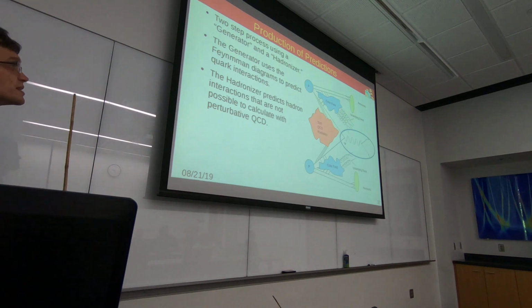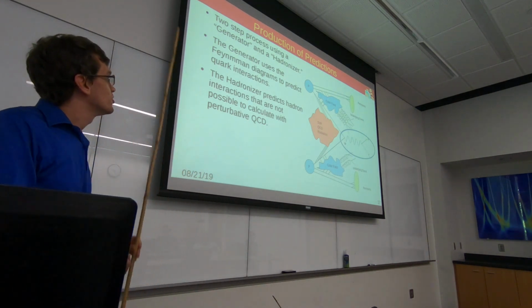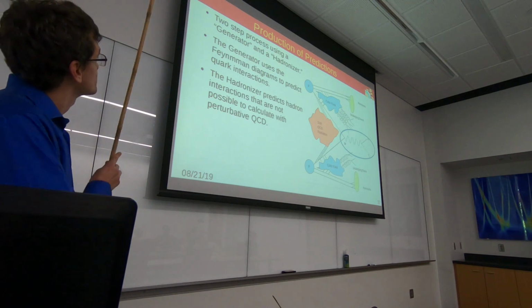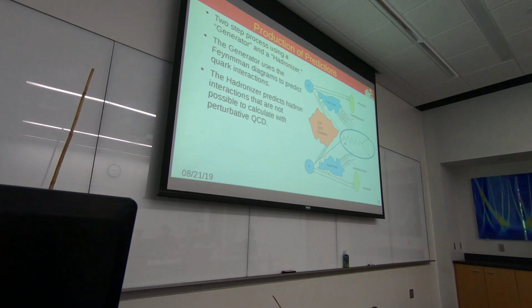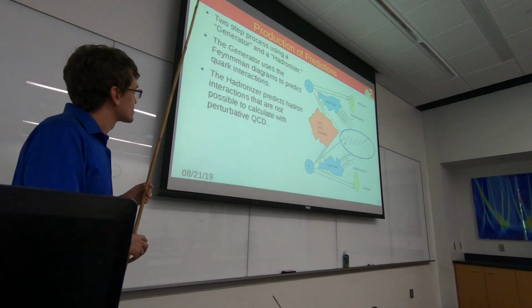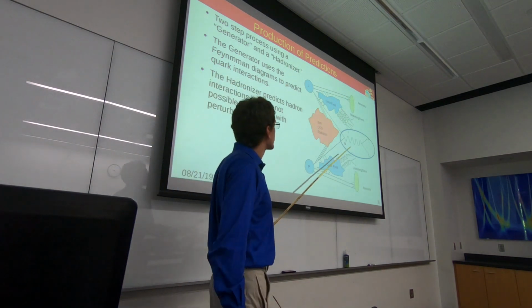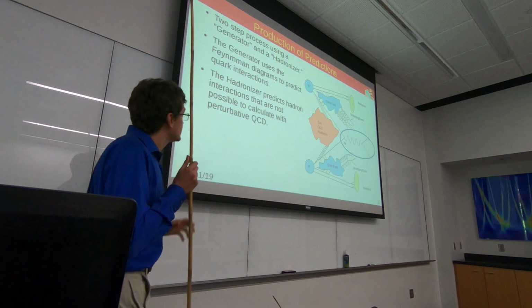So that's the data, but we also have to have a simulation to compare it to. How do we make these simulations? Well, we use a two-step process to make the predictions using a generator and a hadronizer. So first is a generator, which uses the Feynman diagrams to predict the quark interactions. But again, it just produces a quark, anti-quark, and everything in the circle region is done by it.